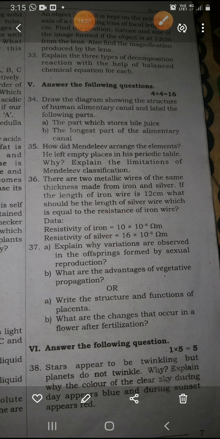Therefore, it is difficult to imagine how many elements are there between two elements.